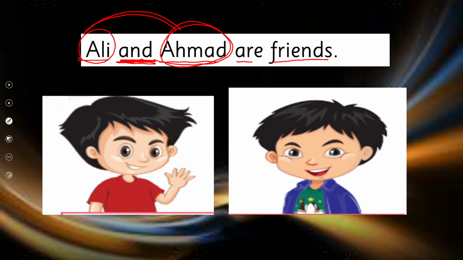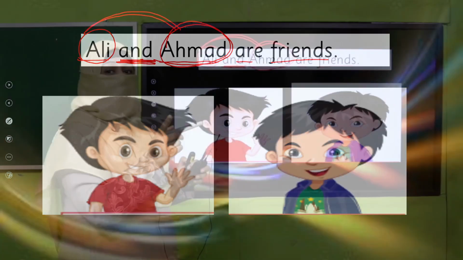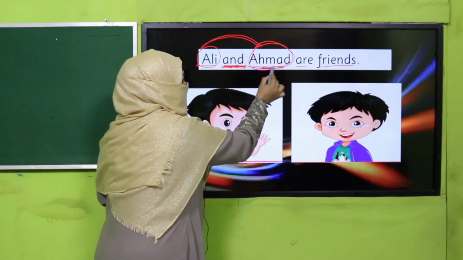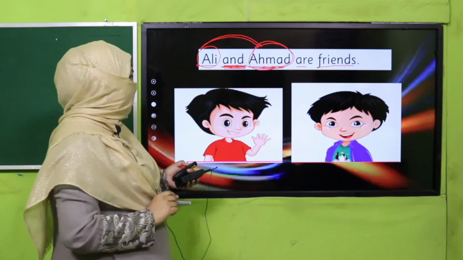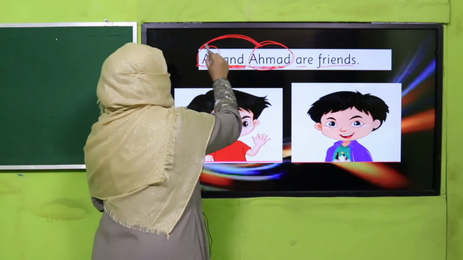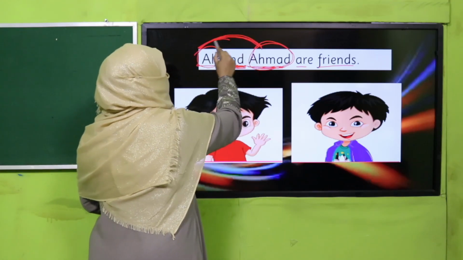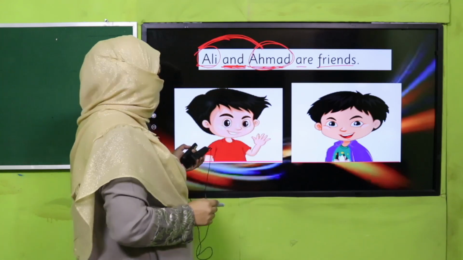And this use of and we have read somewhere else. Do you remember? In the use of comma when we were making a list. Whenever you are writing a list of nouns, you keep on putting commas, and before the last name you write and. That is used for addition. So you are adding a list: Ali, Umar and Usman, Ali, Umar and Ahmad, whatever.